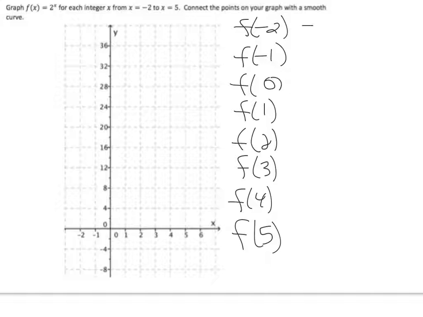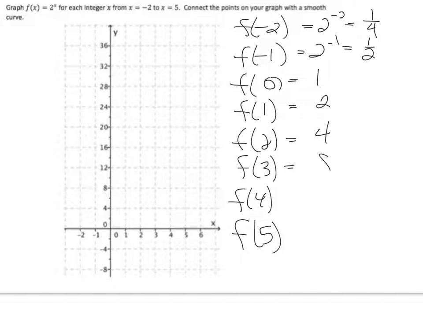So -2, that'd be 2 to the -2, which is 1 over 2 to the 2, 1/4. 2 to the -1, 1/2. 2 to the 0, 2 to the first power, 2 to the second power, the third power, the fourth power, the fifth power, right?